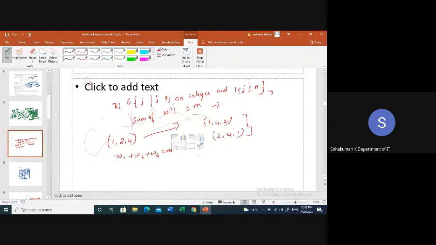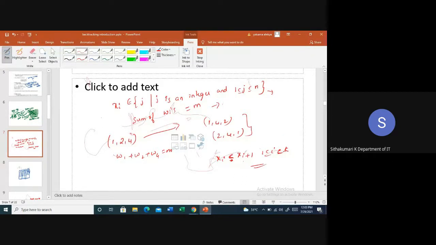So to avoid this, one more constraint we can impose is that the xi value should be less than, not equal to, because no two can be the same. xi should be less than xi plus 1. So this can take a value between 1 to k, less than k, because of xi plus 1.